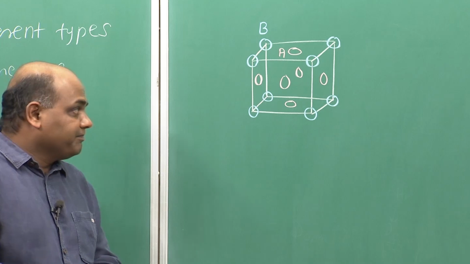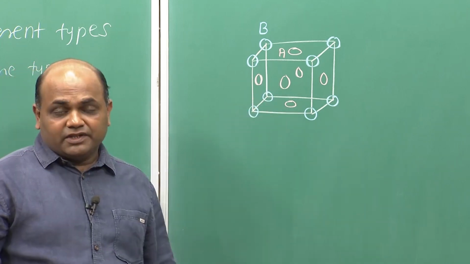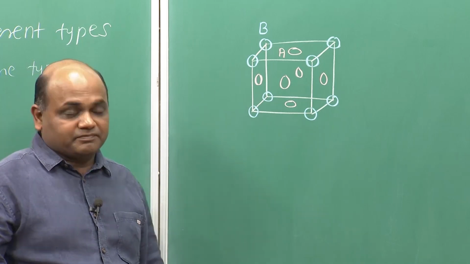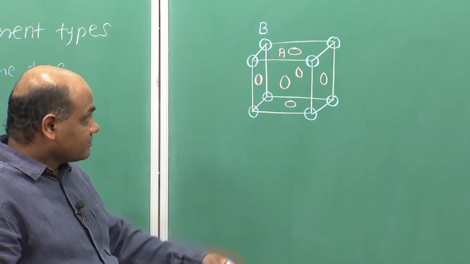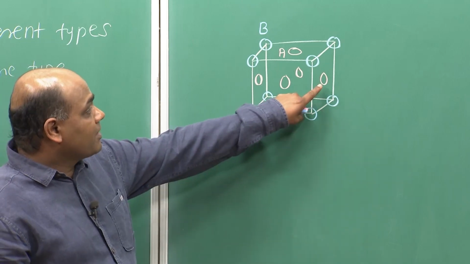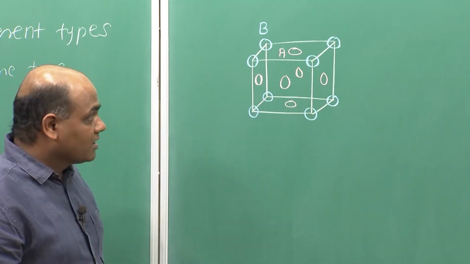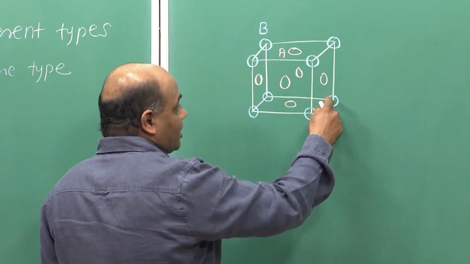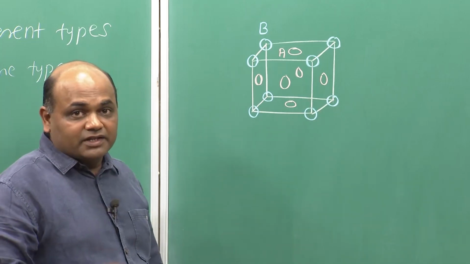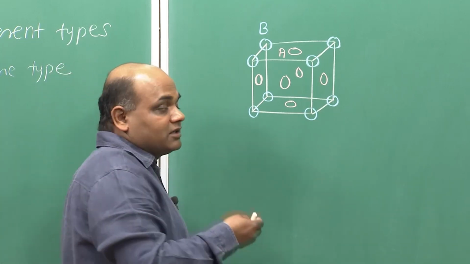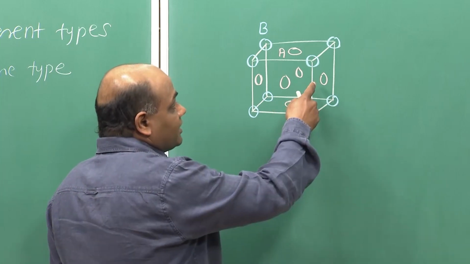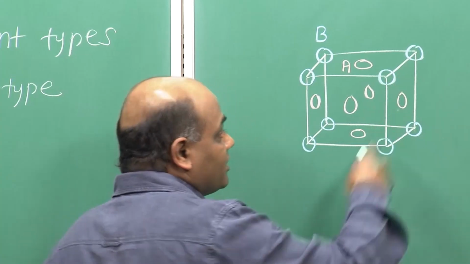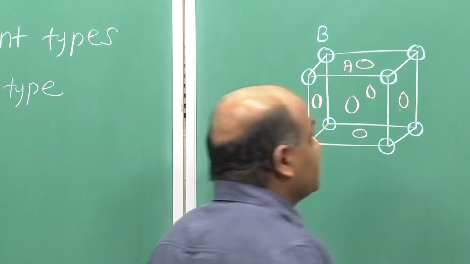So, you can see each atom in this structure has 12 nearest neighbors. If you consider any A type of atom, for example, out of the 12 nearest neighbors, 4 are of different types and the remaining 8 are of the same type. That is, 8 nearest neighbors of any A atom are type A atoms and 4 are B atoms. Right.